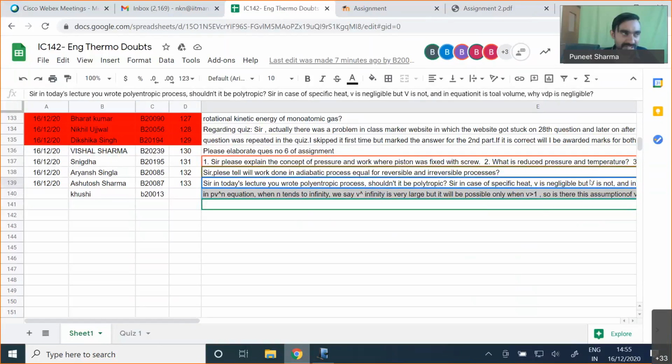No. See, when we talk about statistical thermodynamics, then we say that whatever the number of molecules we have, we find their individual properties, and then we use statistical averaging. Over here, what we are perceiving at the macroscopic level with the help of our measurement devices, that property we actually take.